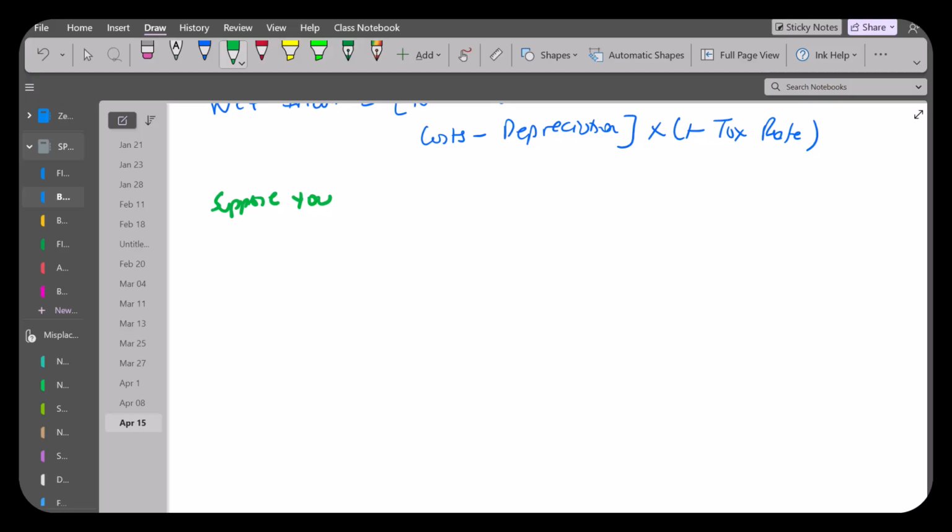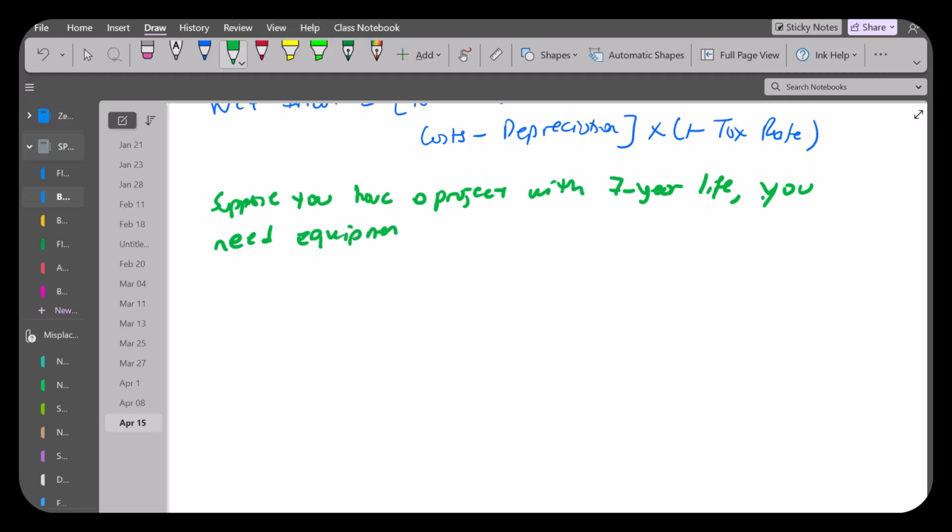Suppose you have a project with a 7-year life. You need equipment worth $700,000, subject to 10-year MACRS depreciation.